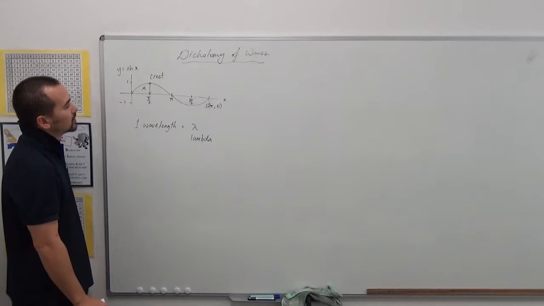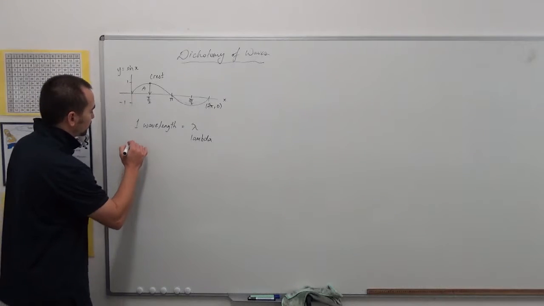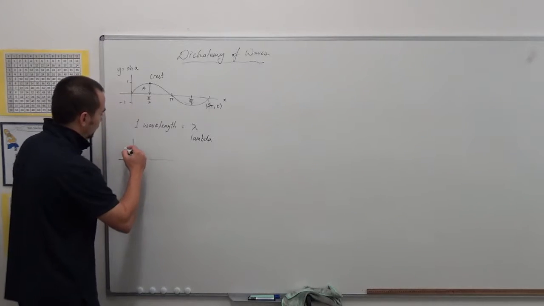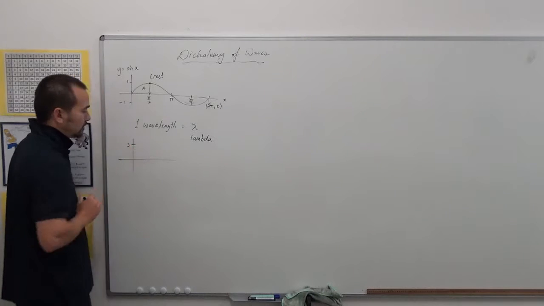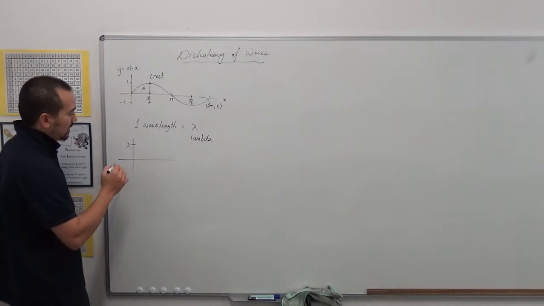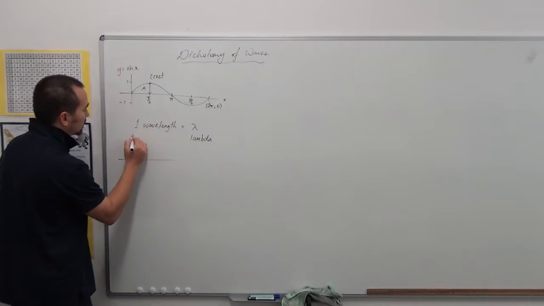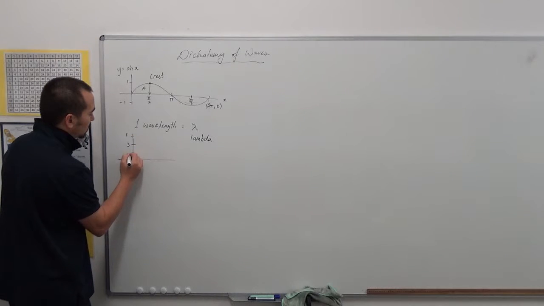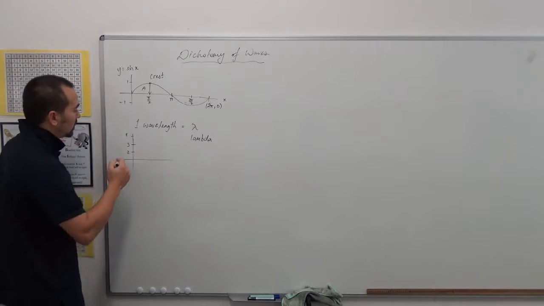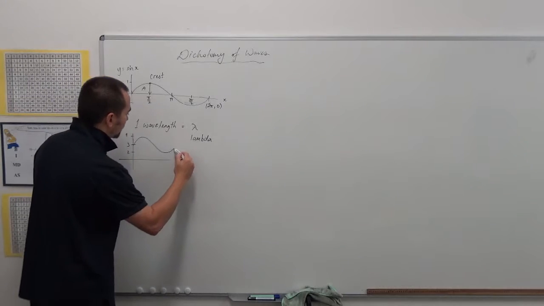Then we have what's called a vertical shift. We know that the height for sine x is 1, so this will be 4 and this will be 2. My scale's off, but you get the idea.